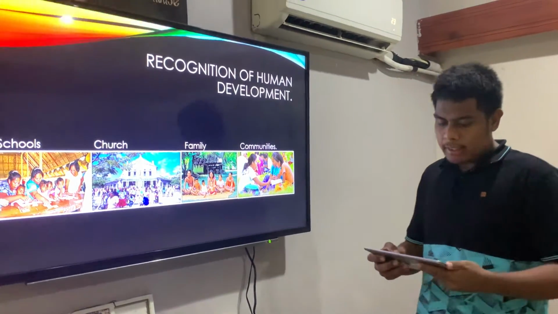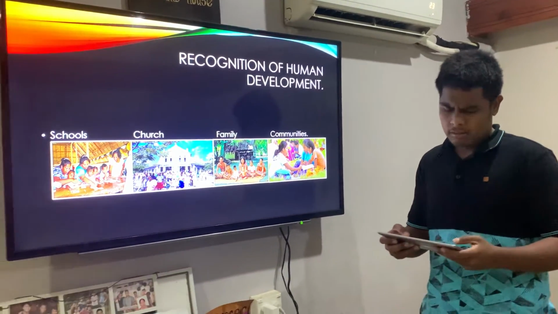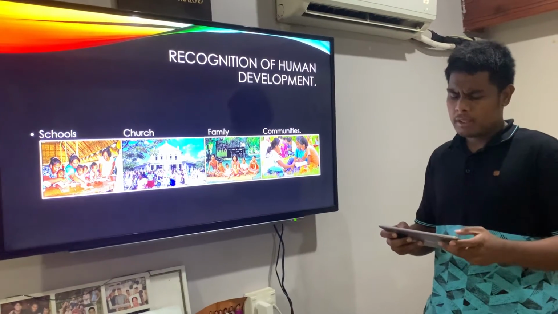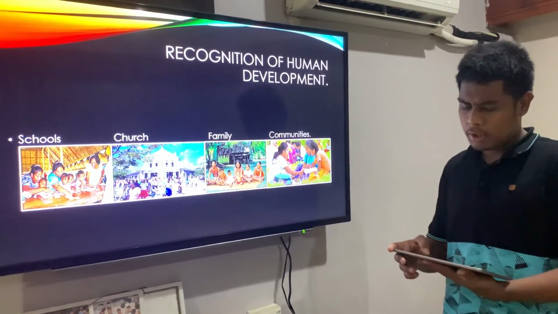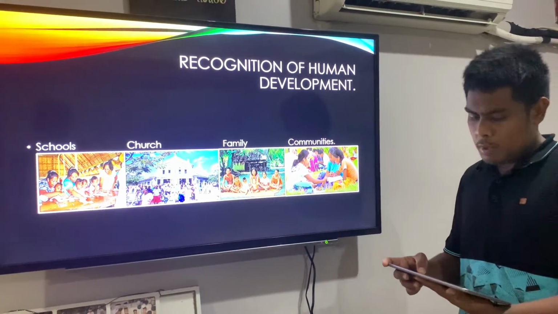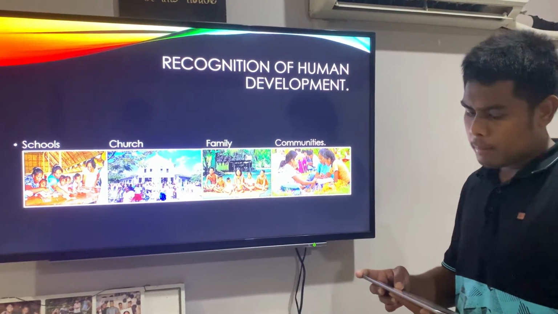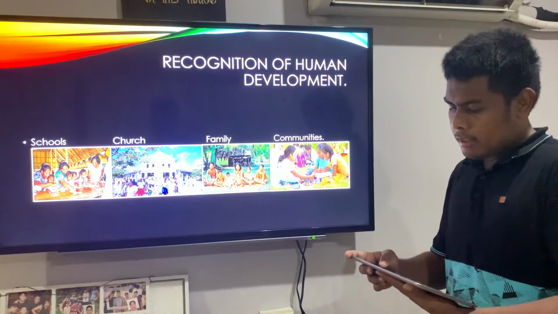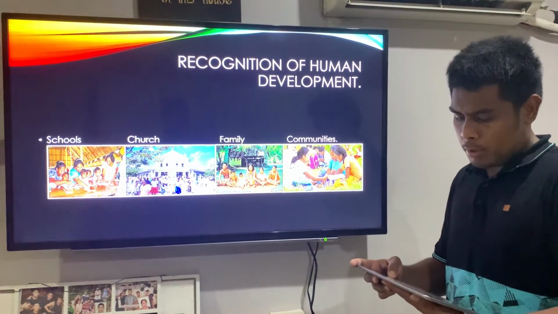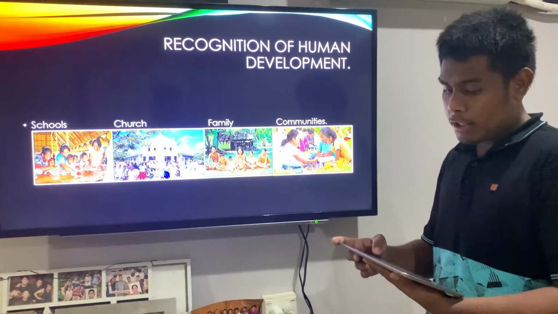So slide 3, the recognition of human development originated from these four shown figures. The first one is the school, where children started their learning for education purposes. The second one describes children that live religiously.